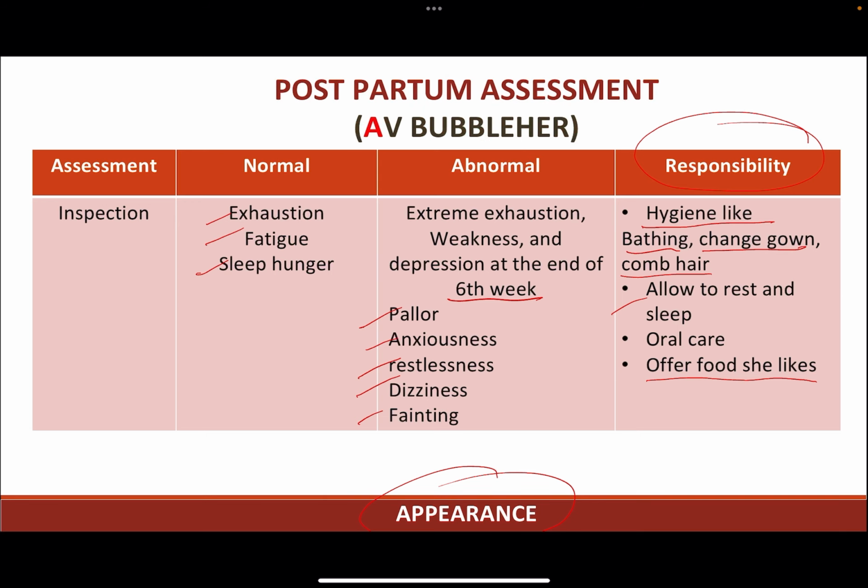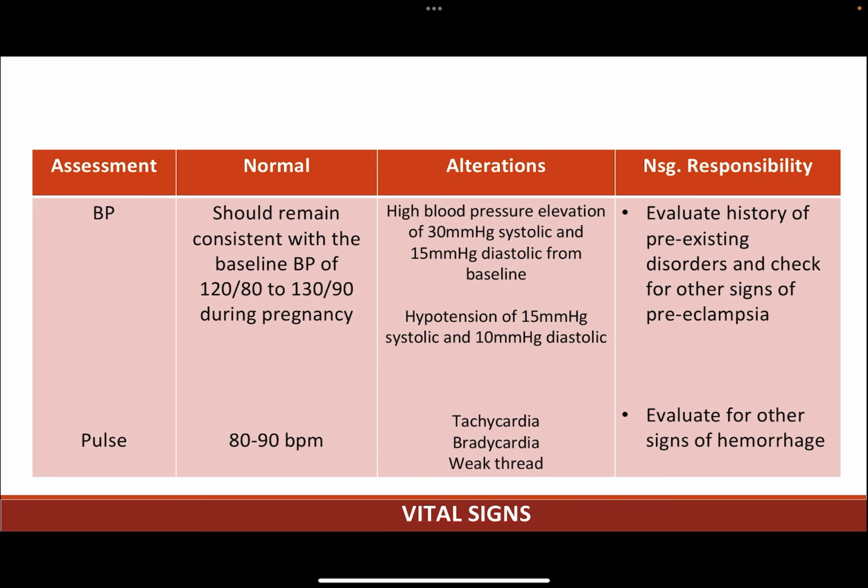So let's proceed to the V. Under the vital signs, we have the BP. In the normal state, the BP should be within 120 over 80 or up to 130 over 90 during the pregnancy.